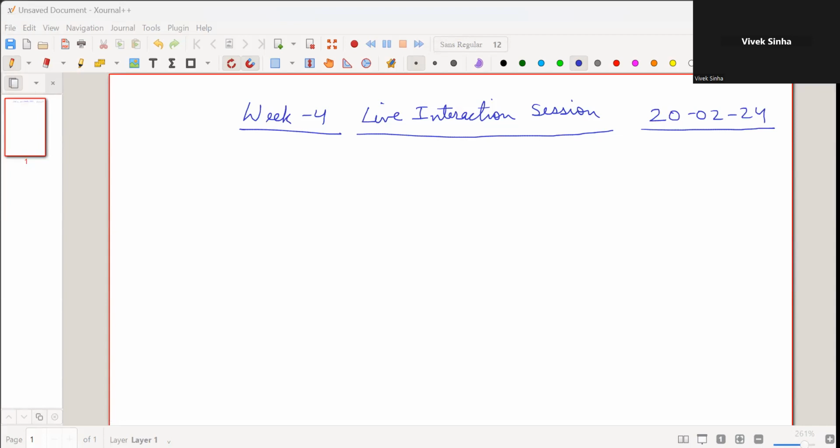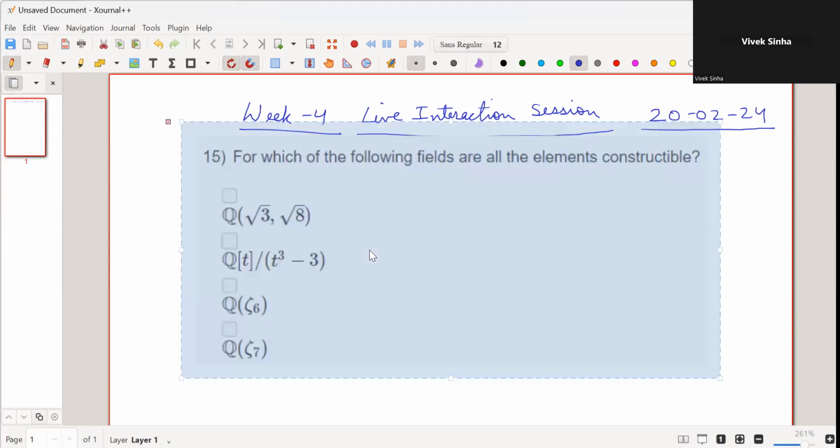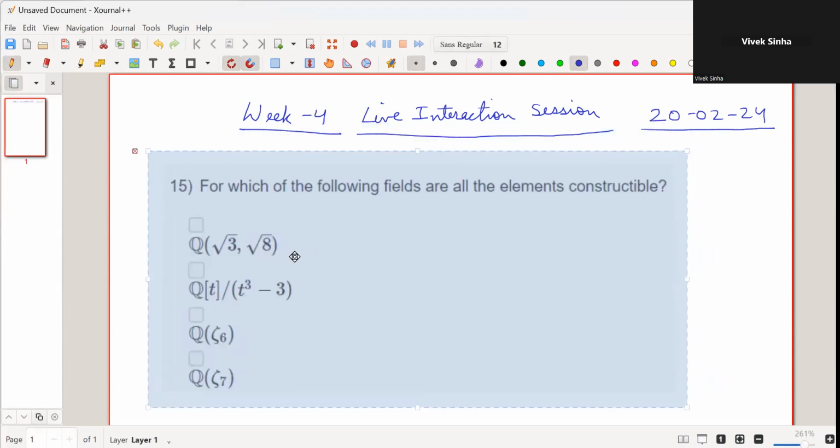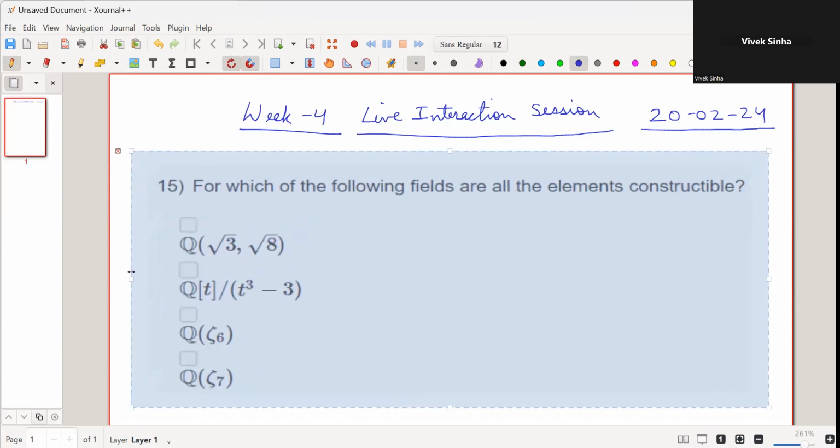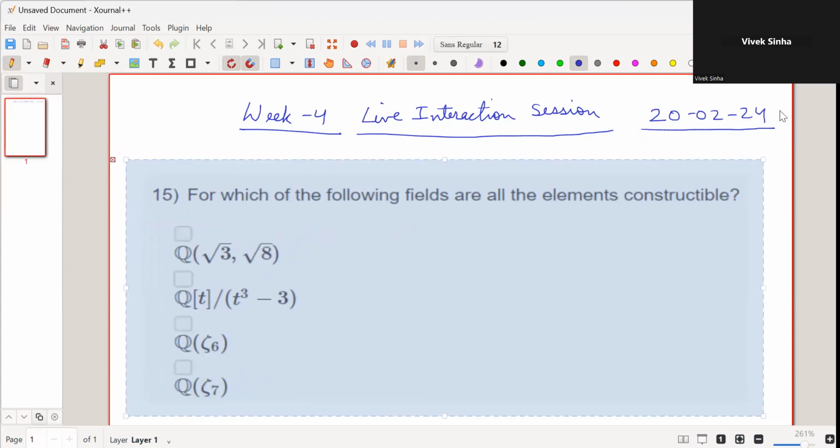Let me just copy paste that question. Here it is. It says, for which of the following fields are all elements constructible? We have seen already many questions related to the constructible numbers.